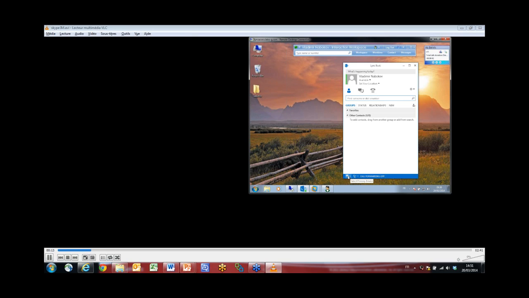So that's the client that will be used to propagate the channels between the consumer and the agent. The agent can manage its presence, that is synchronized with Microsoft Link.